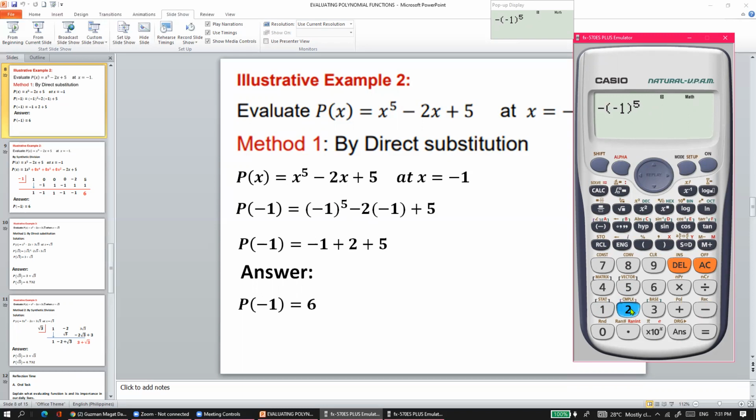Arrow minus 2 times negative 1, close, then plus 5. Then equal, we will have 6. Same lang, anak. Nakuha ba natin? Klaro ba?